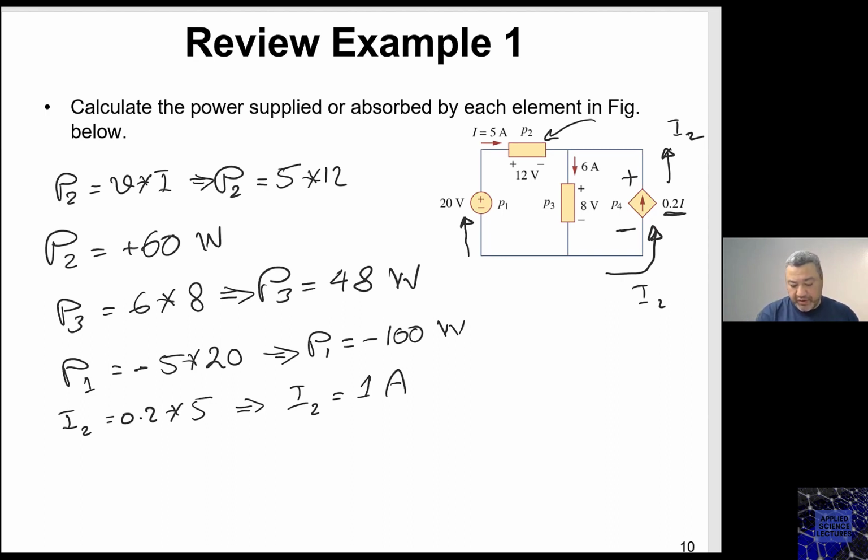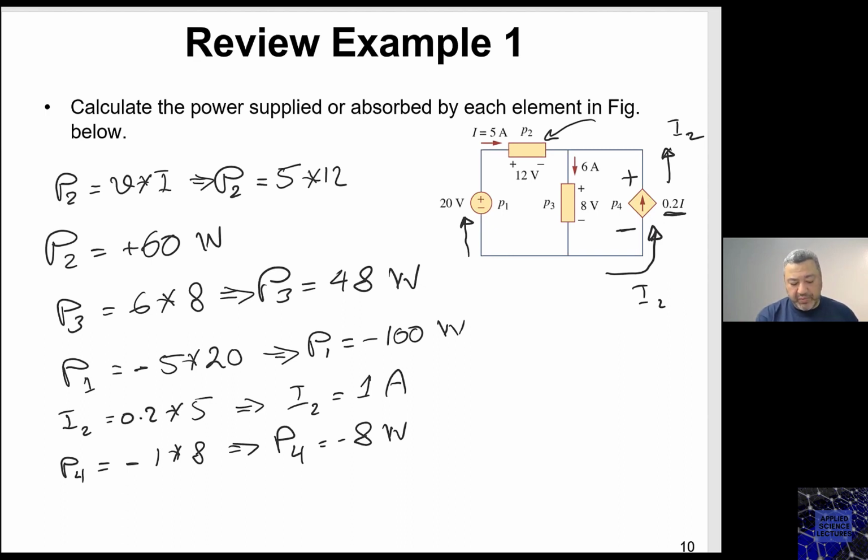So I have here P4 to be minus, the current is 1 ampere times the voltage is 8. So P4 is minus 8 watts.